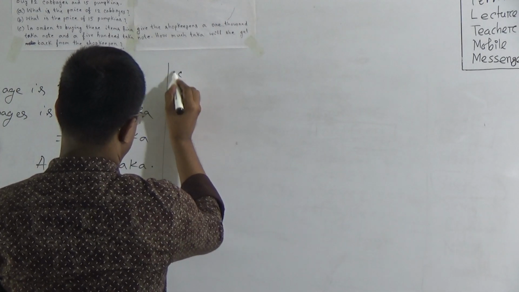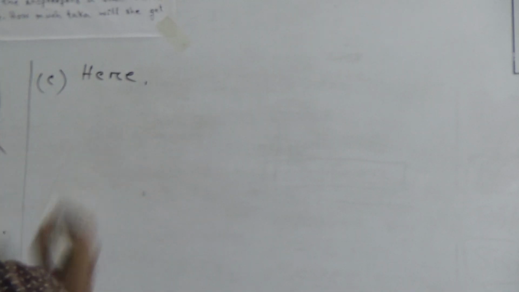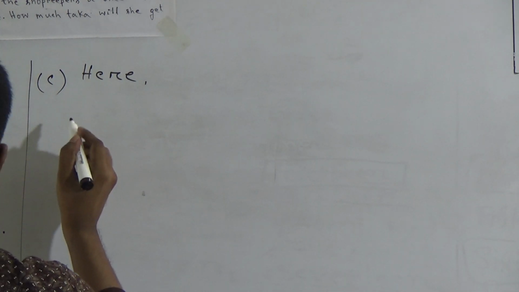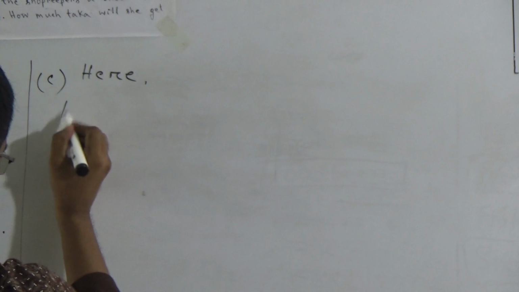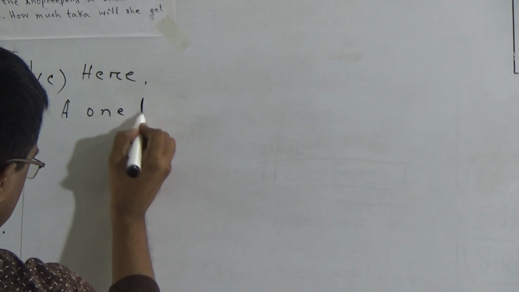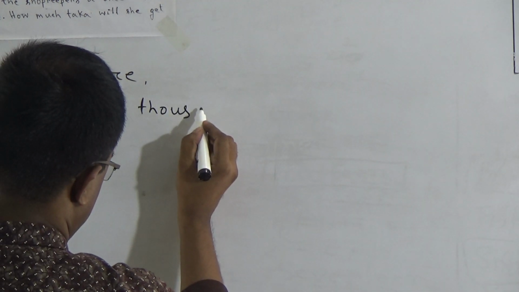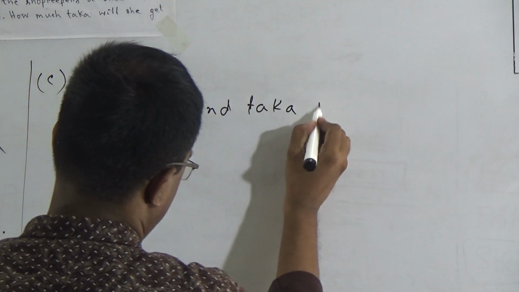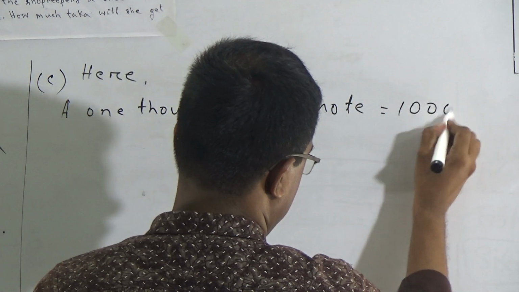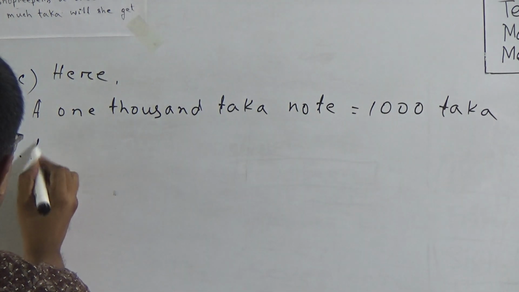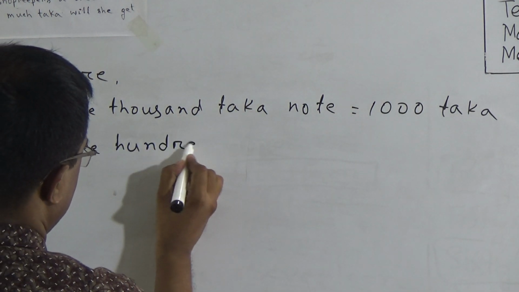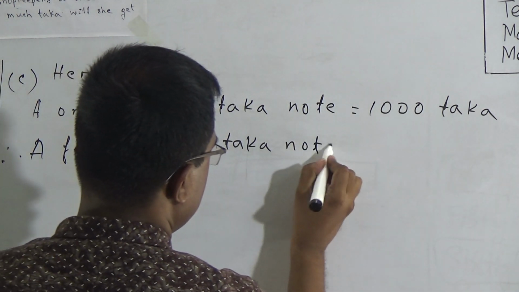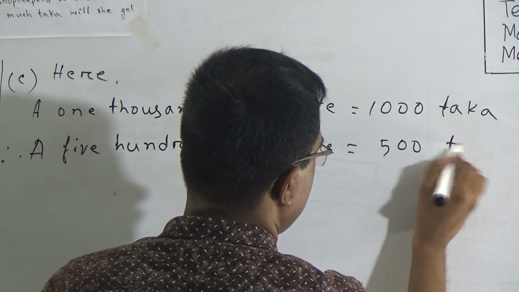Now we will solve. A 1000 taka note is equal to 1000 taka, and another, a 500 taka note is equal to 500 taka.